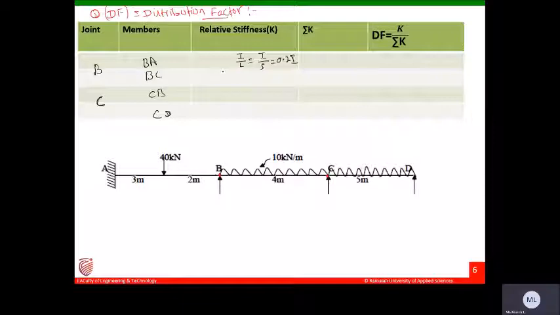C is the continuous support. So if C is continuous support, then relative stiffness will be I by L.